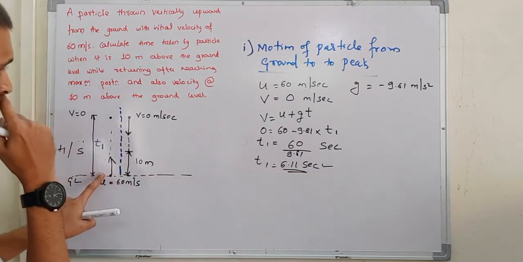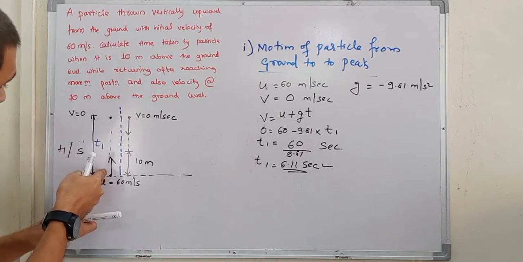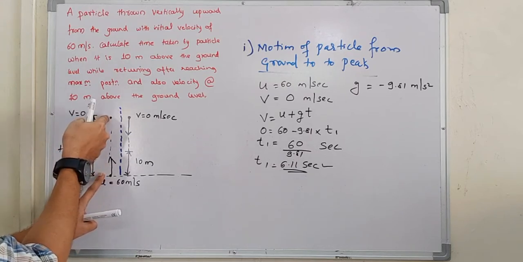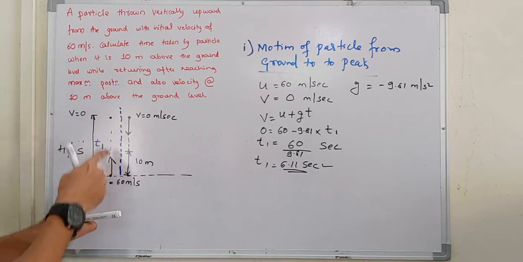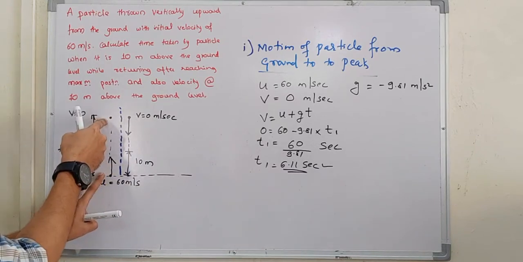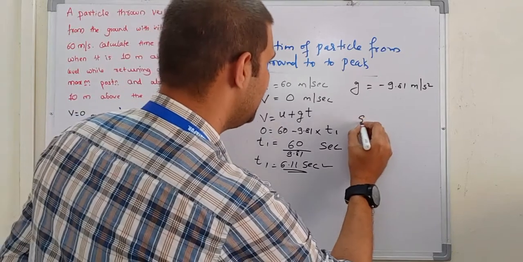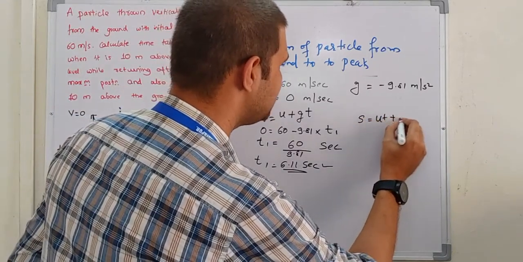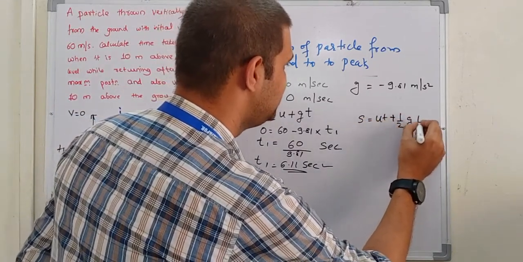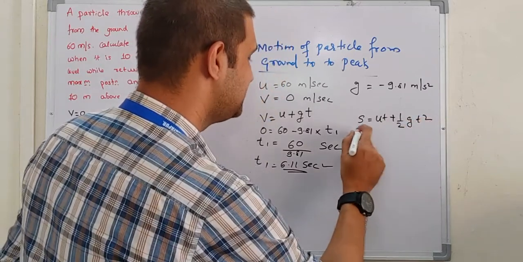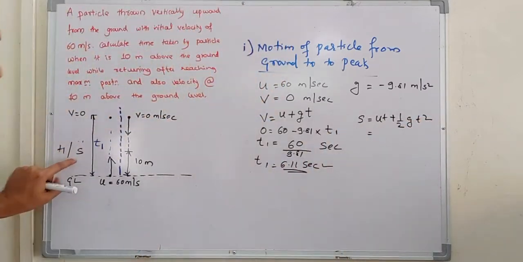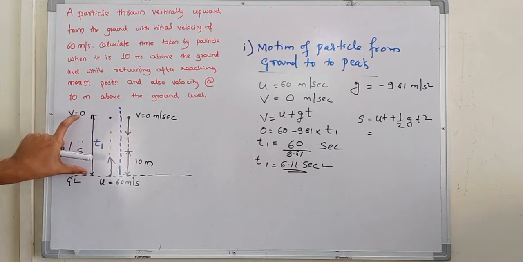Now we'll also calculate how much distance it has traveled from the ground to reach the peak point. So again we are using the basic expression, S is equal to ut plus half gt square. Now S is the distance, or h, the vertical distance which you have to calculate.